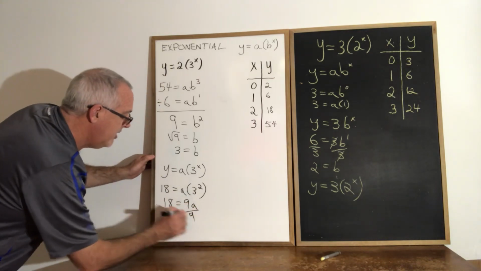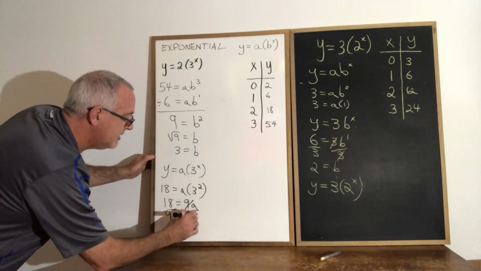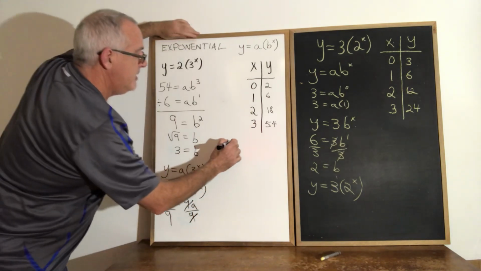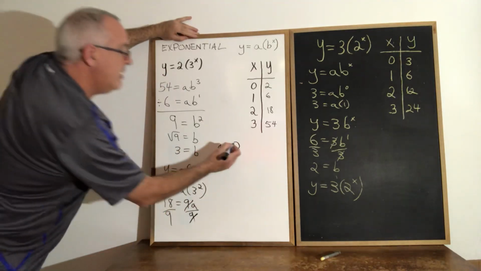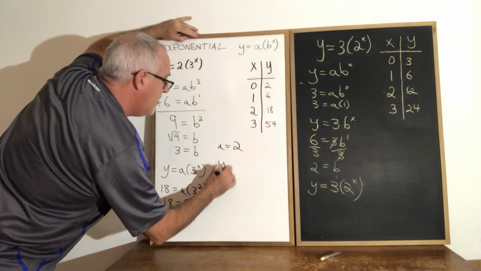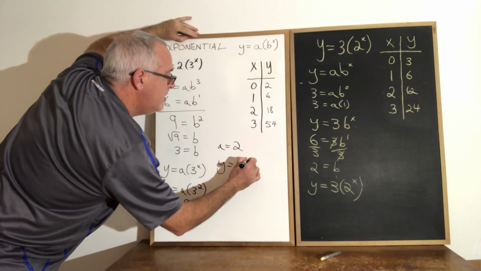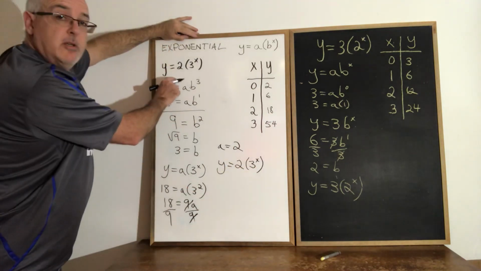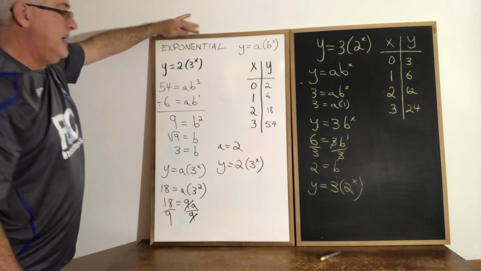Divide both sides by 9. Cancel, cancel. And a is equal to 2. Now I can write my entire equation. y equals, the a is 2, the b is 3. y equals 2 times 3 to the x, which is what I knew all along I was going to get.